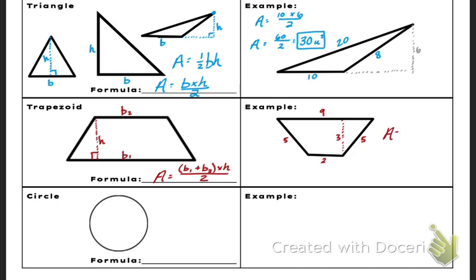We've got our area equal to, we're going to add the two bases together, so that's going to be 2 plus 9. We're going to multiply times the height, which is 3, and then we're going to divide by 2. Let's say that all of these measurements this time are in feet.